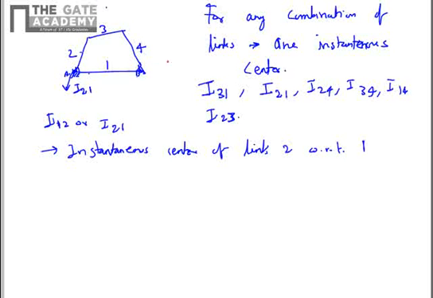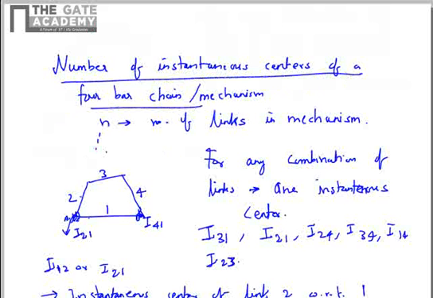Similarly, instantaneous center I41 is this one, or I14, the center of 4 with respect to 1. Then we have the instantaneous center of link 3 with respect to 1. So 1 is a fixed link. With respect to the ground, what is the instantaneous center about which link 3 rotates?